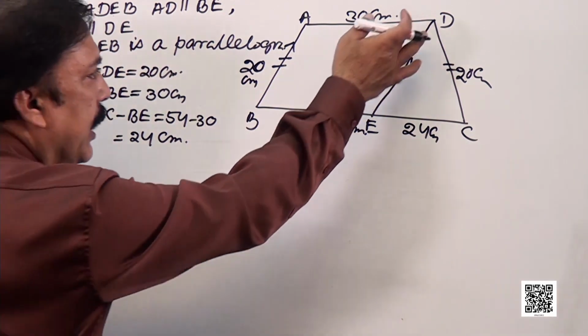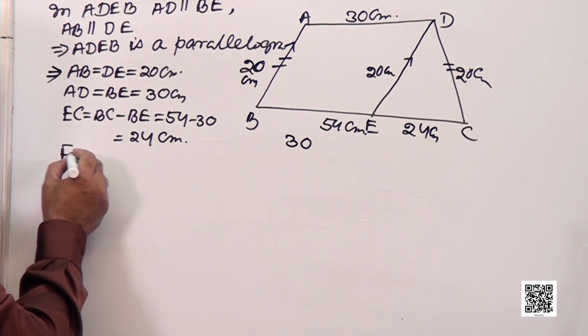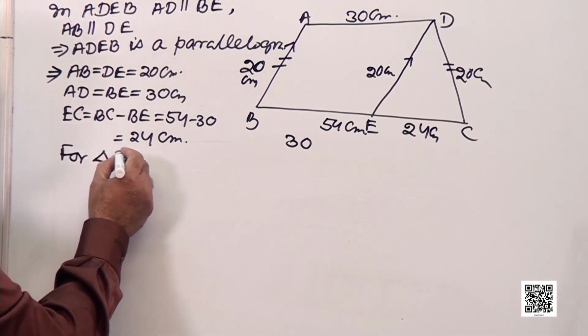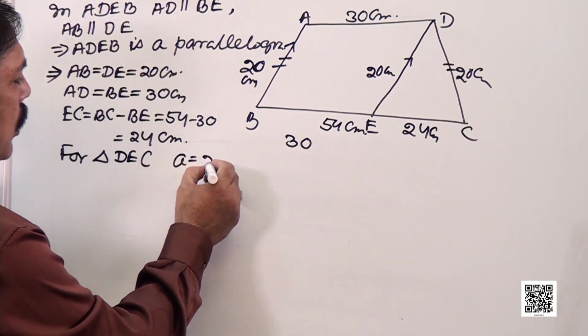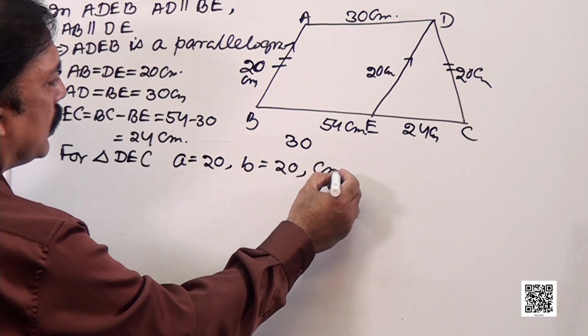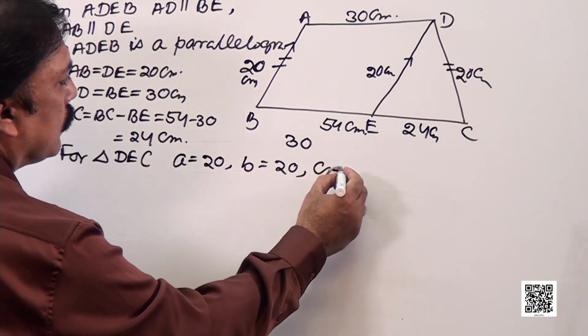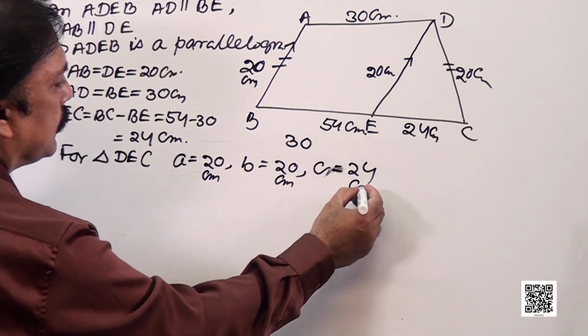Now let's find the area of this triangle. So for triangle DEC, a equal to 20, b equal to 20 and c equal to 24. All these are in centimeters.